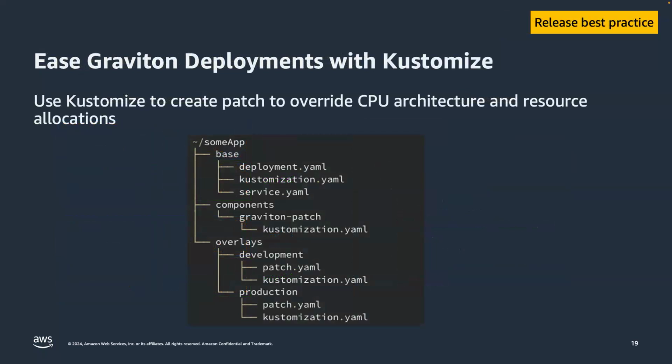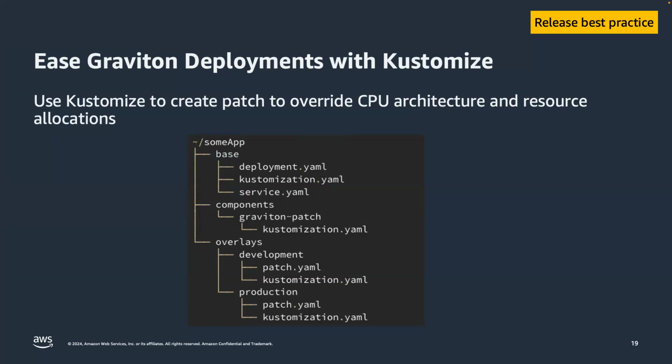And the other release best practice that I have when it comes to deployment, I actually learned about from a customer in Malaysia. What's happening is that they make use of Kustomize when they are adopting Carpenter and also Graviton. So they have an x86 deployment file, right? It's a normal deployment file that they deploy to x86. But they make use of Kustomize.